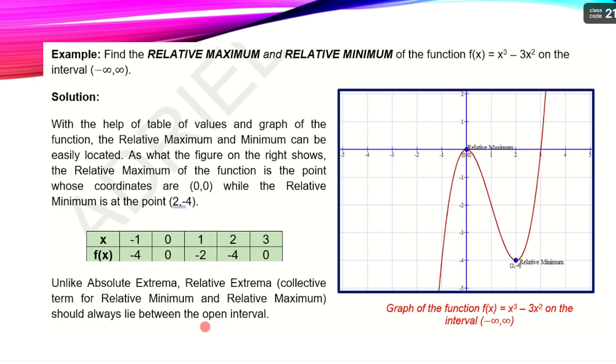Usually kasi kapag open interval siya, dire-diretso siya, lalo na kapag cubic, for example, the graph of a cubic function. So, ibig sabihin siya ay continuous. Kapag siya ay tumaas na, you cannot reach the absolute maximum or the absolute minimum. But along the way, you can consider the turning points, the relative maximum and the relative minimum. Okay?